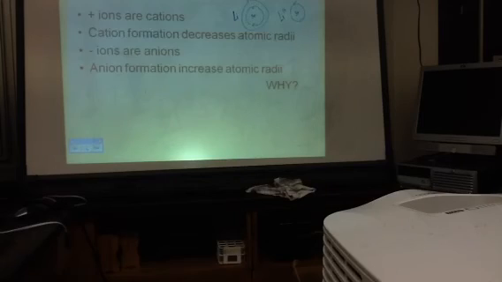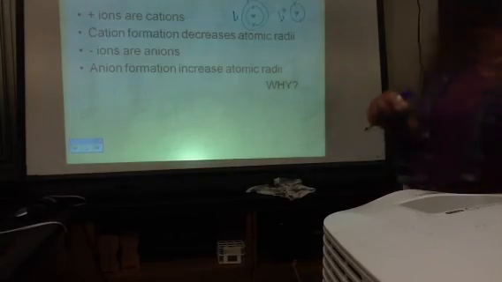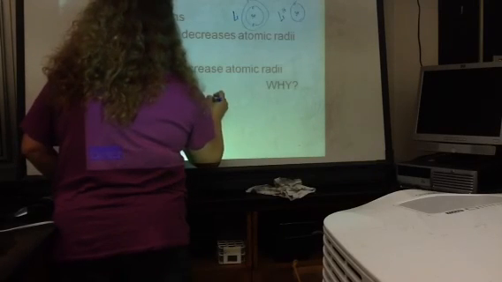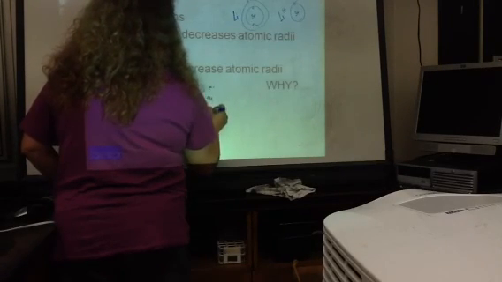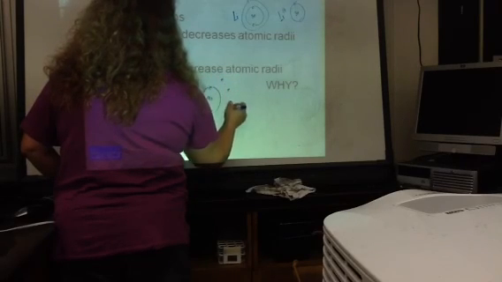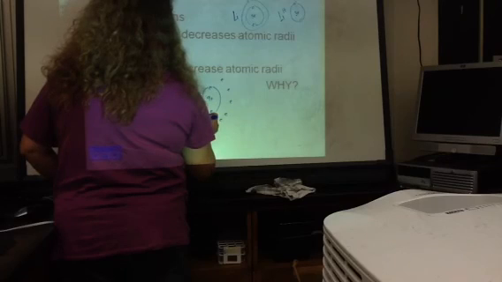So as you think about that, I'm going to draw fluorine for you. So fluorine forms an anion, a negative ion. And we have fluorine with what? 9 protons, 2 electrons, then 7.